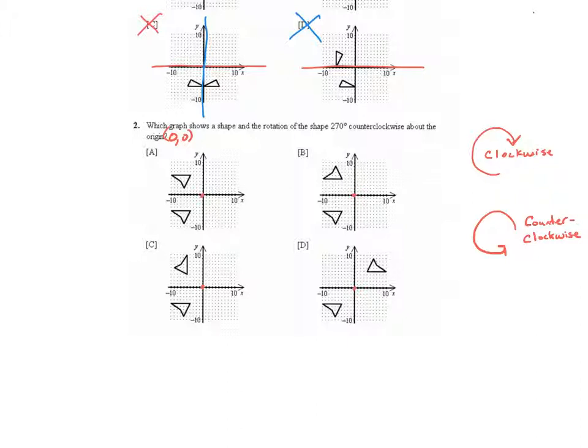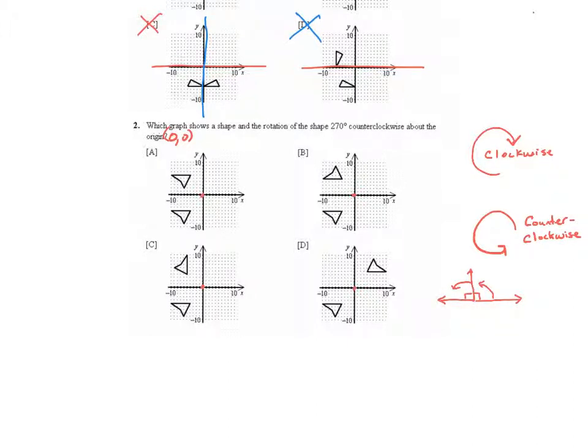The last bit of information you need to know before you start is what 270 degrees looks like. For example, if I had a ray that was pointing to the right, and I were to rotate it 270 degrees counterclockwise, I would rotate it first 90 degrees counterclockwise, so I'd go this direction, there's 90 degrees. Then I'd do another 90 degrees this direction, and my arrow would then be like this.